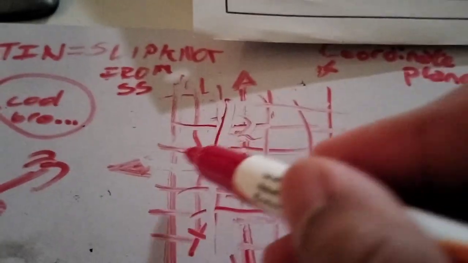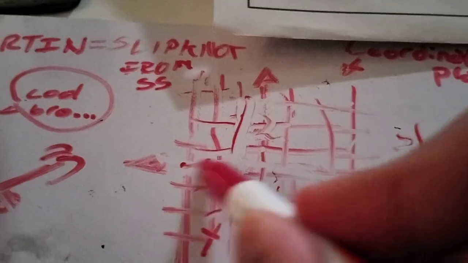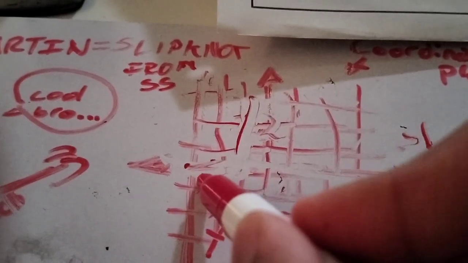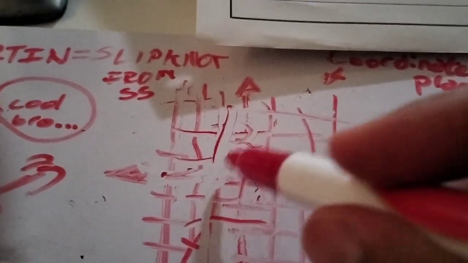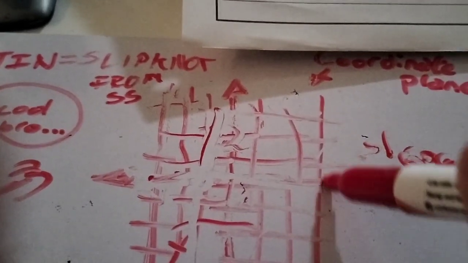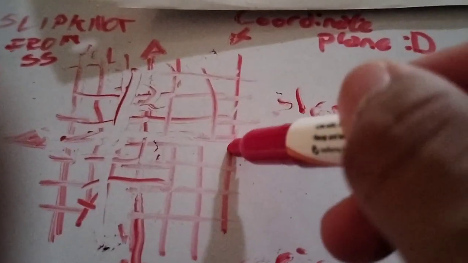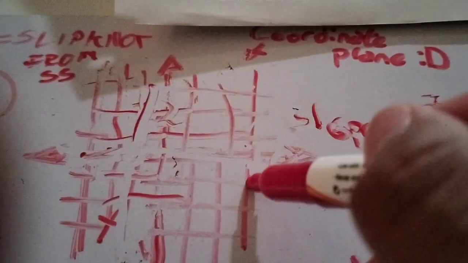Now the fourth type would be this one that goes straight across, like the opposite of this one. It goes from here to here, this amount, say 1 or 2 or 3 or whatever you want. But the point is that it doesn't go up or down. It only goes left and right.